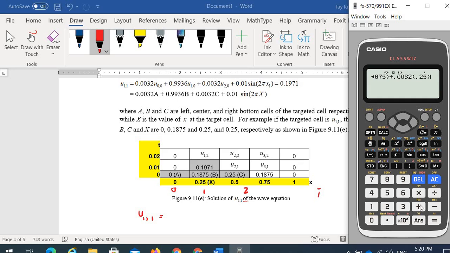Okay, plus 0.01 sin 2 pi. Okay, x value, when you calculate U11, the x is 0.25.